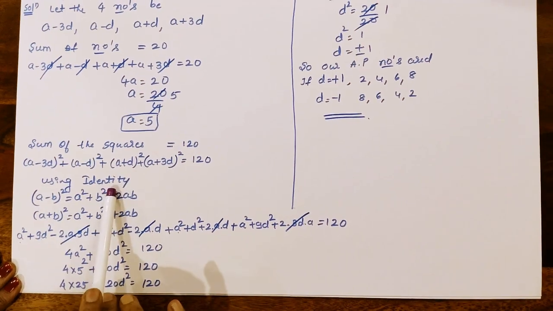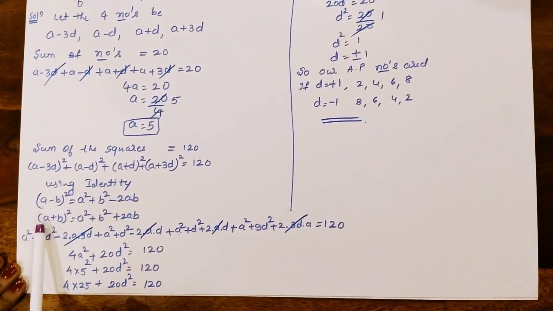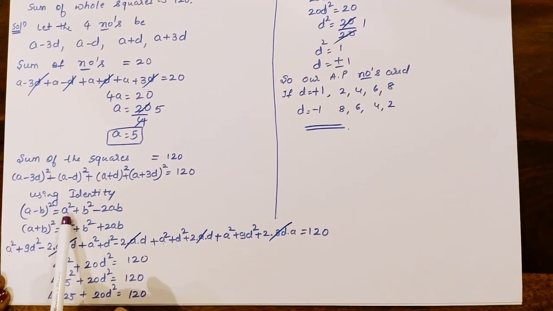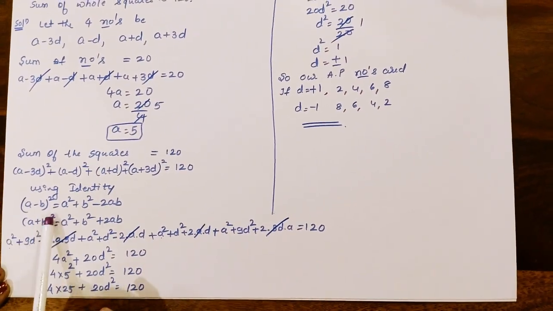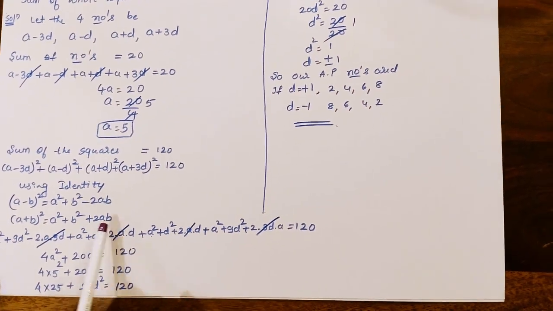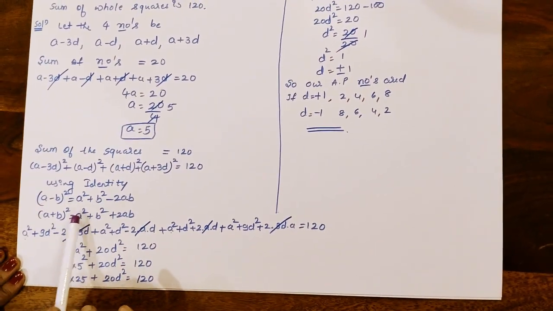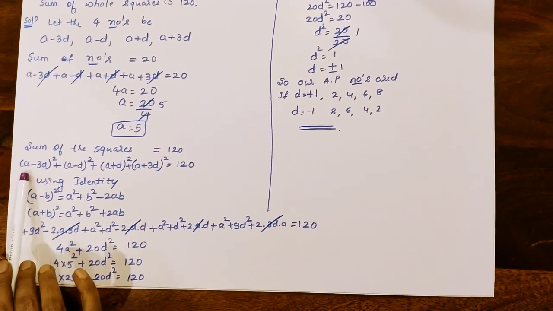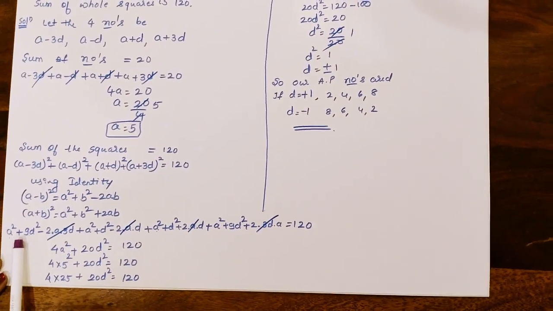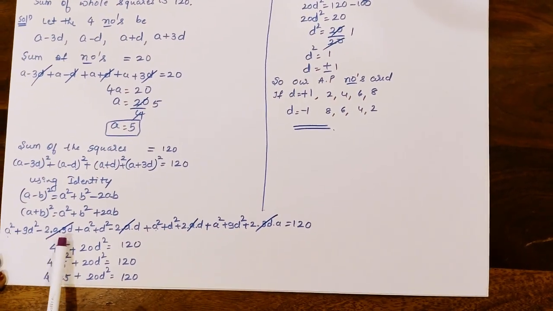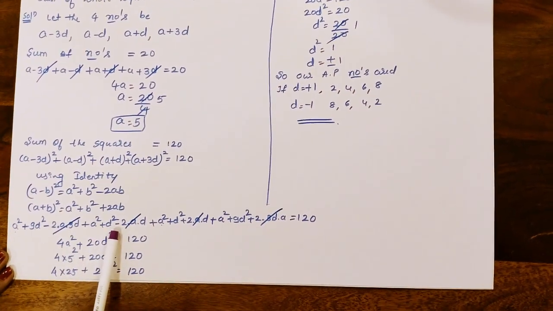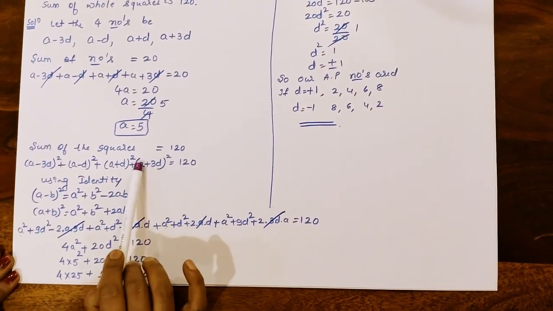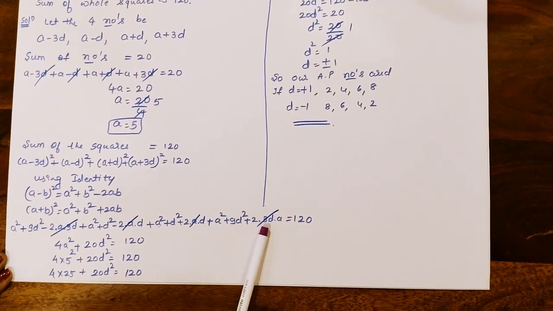Now use the identity: a minus b whole square is a square plus b square minus 2ab, and a plus b whole square is a square plus b square plus 2ab. We substitute these two formulas in the given sum of squares. So a minus 3d whole square is a square plus 9d square minus 2a into 3d, plus a minus d whole square, a plus d whole square and a plus 3d whole square.